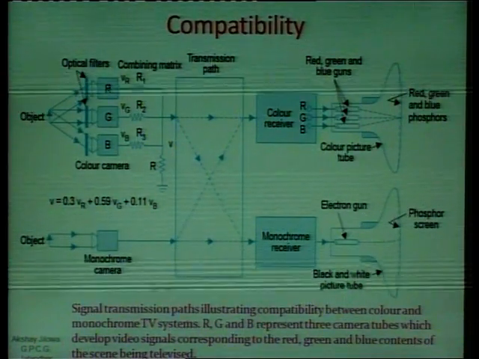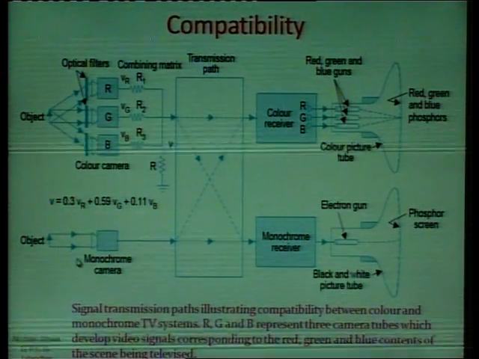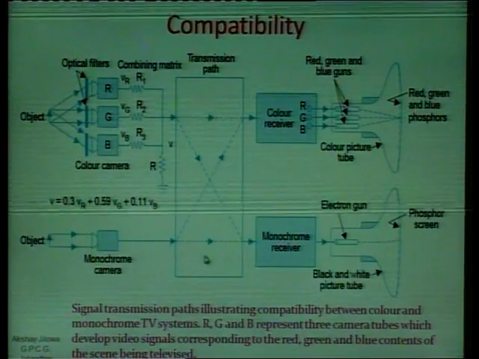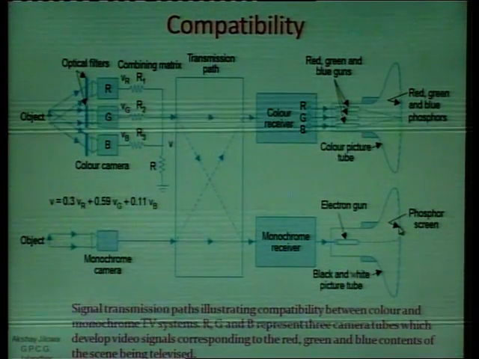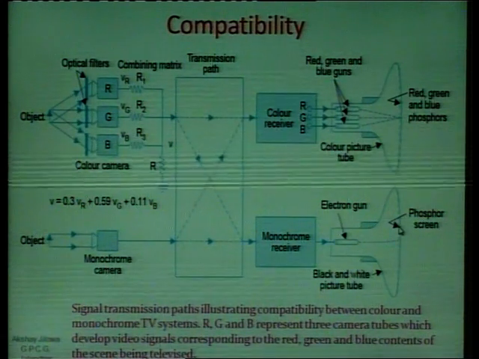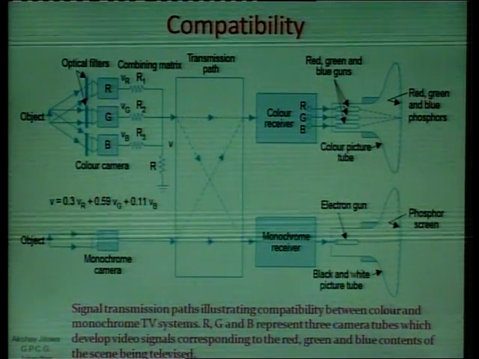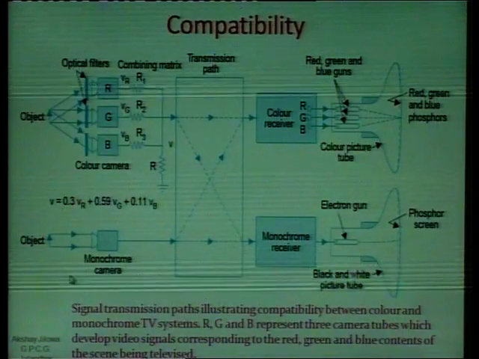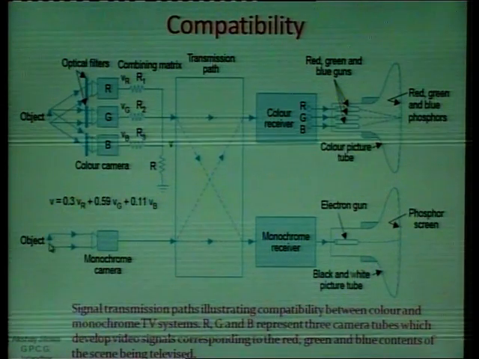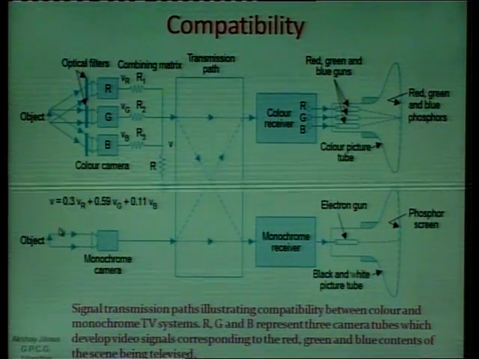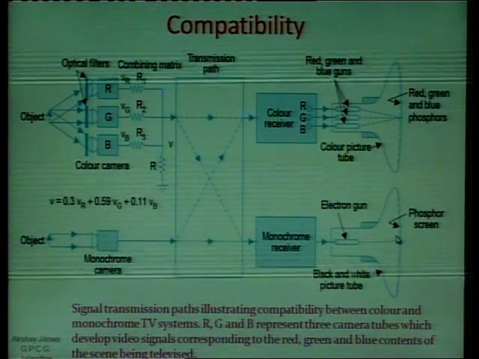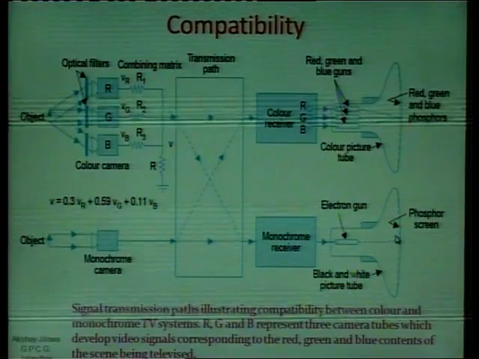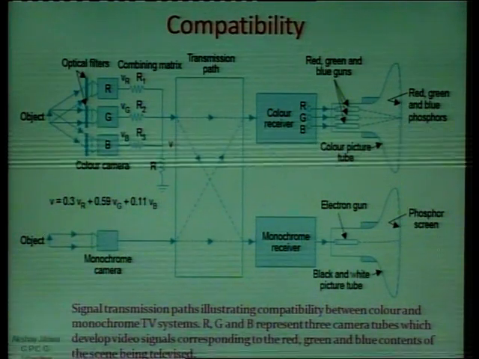In this way optical information is converted into electrical information, and the corresponding electrical information is again converted into optical information. So, this is the complete television system. In this way optical information, after getting picked from a particular place, can be reproduced on the raster or screen of the monochrome TV.